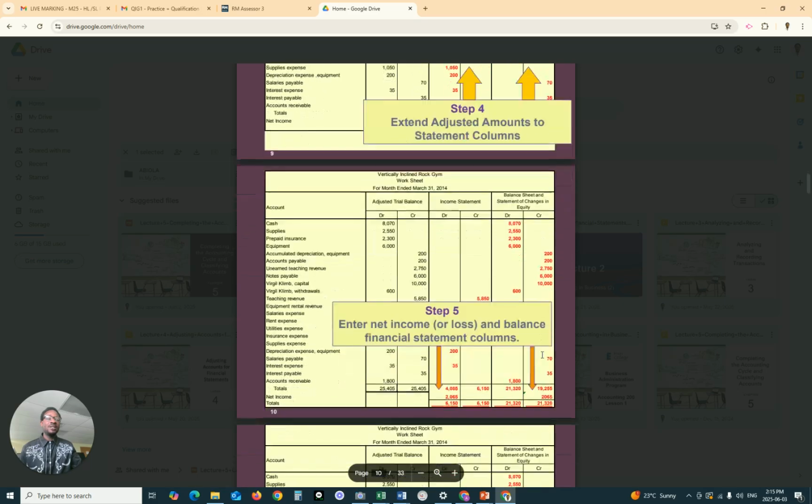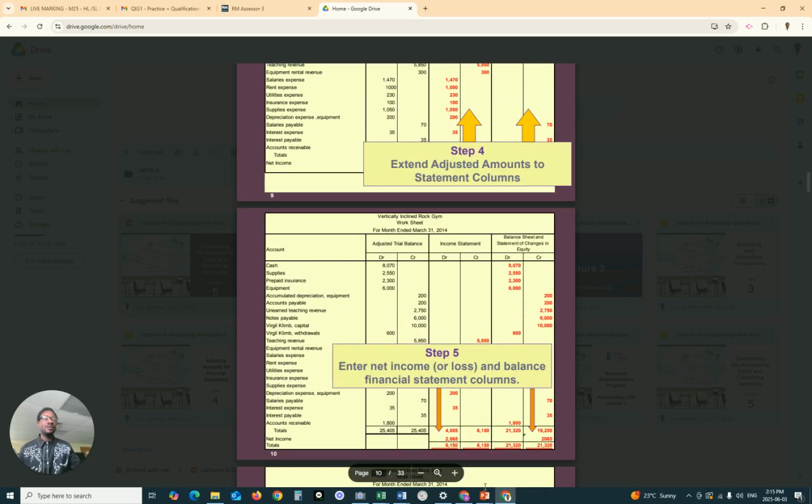Now look at it from a clearer angle. Now look at the net income, 2065. It belongs to equity, 2065 on the credit side, which makes the total assets equal to total liabilities and capital.